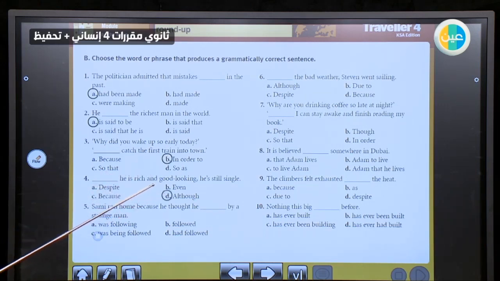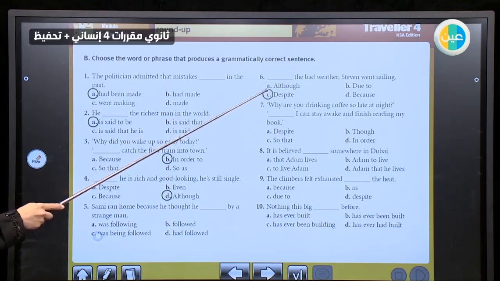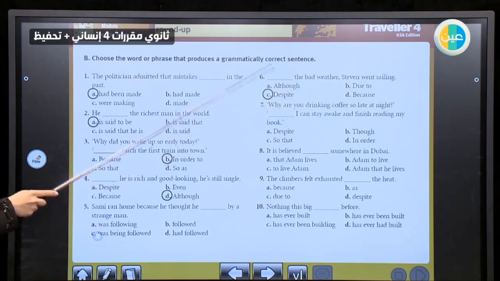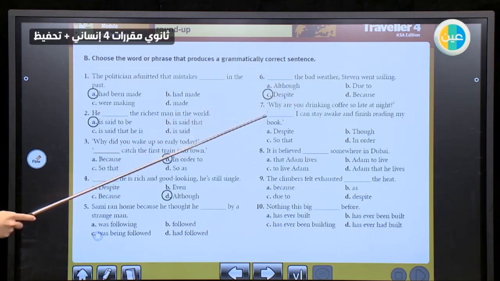Number four, although he is rich and good looking, he's still single. Number five, Sammy ran home because he thought he was being followed by a strange man. Was being followed. Number six, despite the bad weather, Stephen went sailing. Although the bad weather, Sam went sailing.